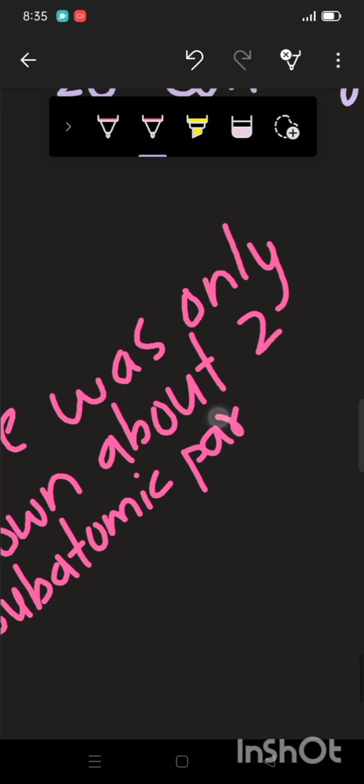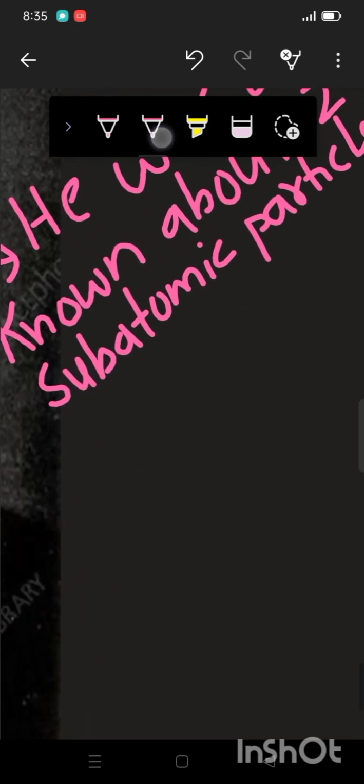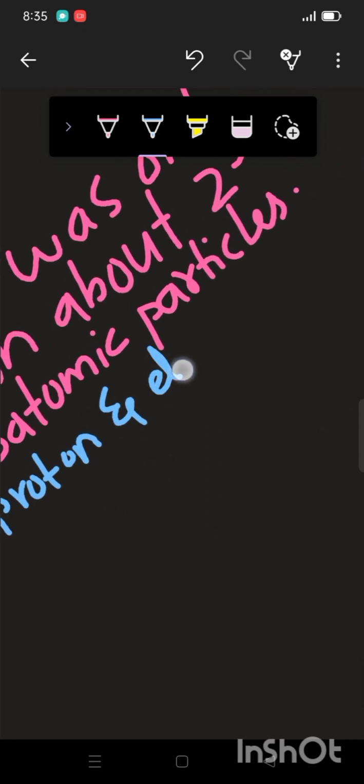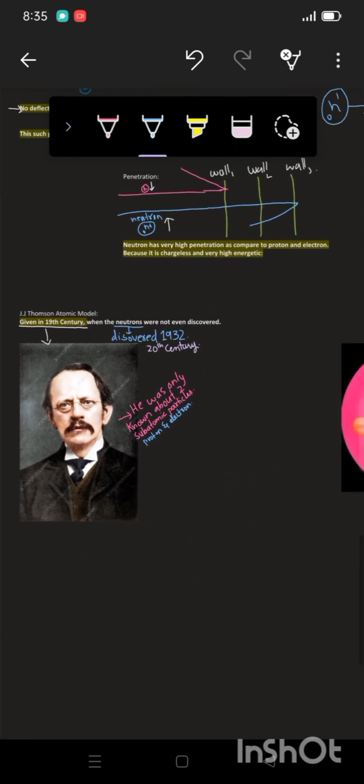And what were those? Proton and electron, right? So he proposed his model on the basis of proton and electron only.